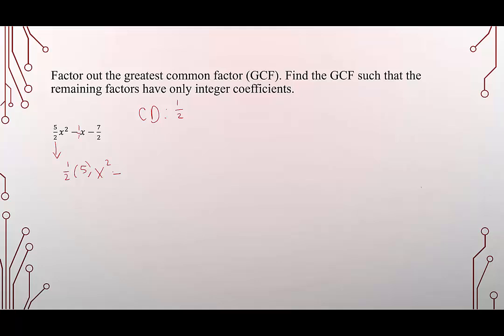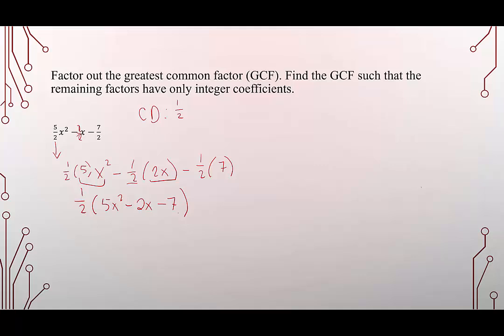Well, I would multiply by 2 over 2. So I can think about 1 over 1x as 2 over 2x, and then I could pull out that 1/2, so I could say 1/2 times 2x, and then minus, I'm going to take 7 halves and rewrite it as 1/2 times 7, right? Because that would be like 7 over 1. Okay, so now I can see it a little bit more clearly. I want to factor out that 1/2. That would be 1/2 times, I'd be left here with 5x squared, minus, I factored out the half, so I'm left with 2x minus 7.